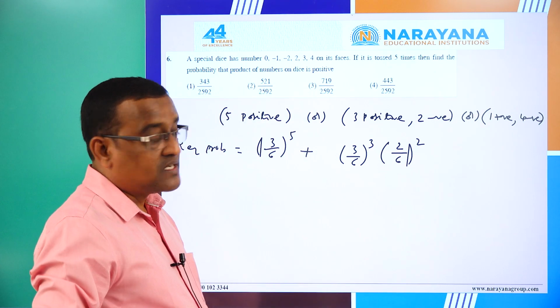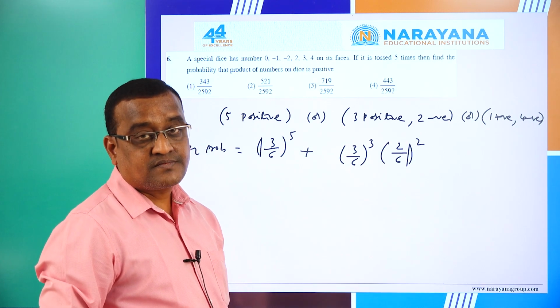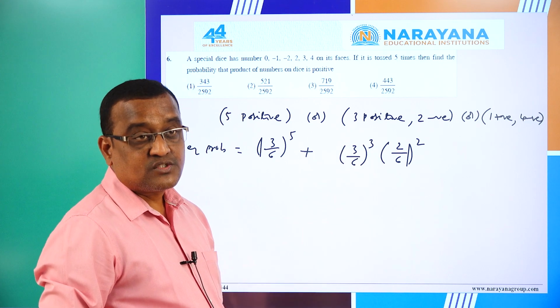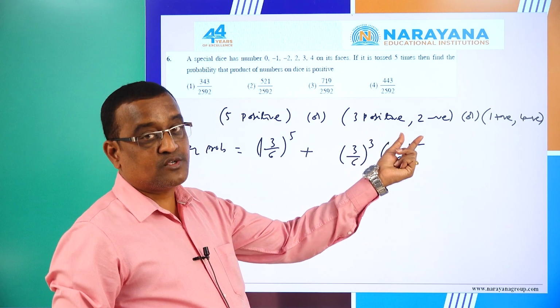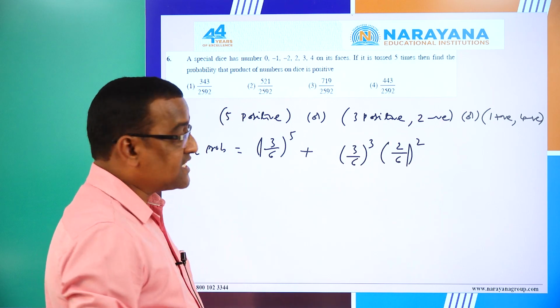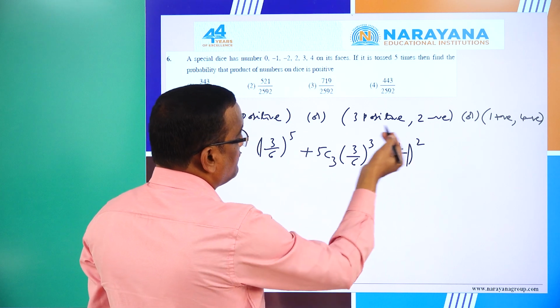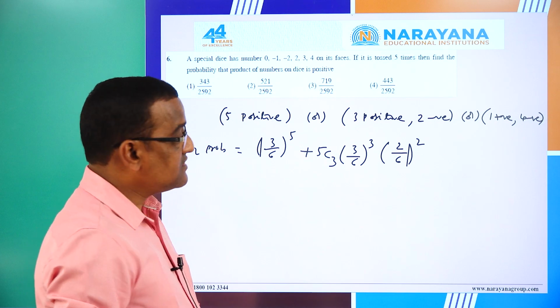But out of those 5, 3 positive and 2 negative can occur anywhere. So interchanging, that can be done in 5C3 ways. Total 5, in that 3 positive, 2 negative, so this arrangement becomes 5C3.